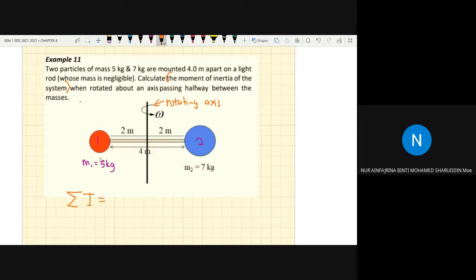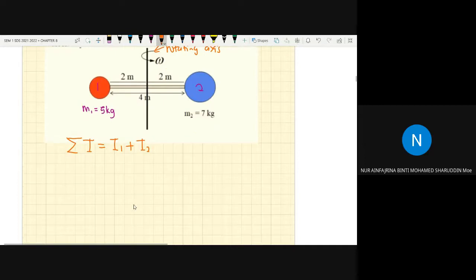So I kena cari moment of inertia of particle 1 tambah juga dengan moment of inertia of particle 2. And we know formula dia adalah MR squared. Okay, cari dulu untuk I1. I1 adalah M1R1 squared. So, mass of particle 1 adalah 5. Distance dia from rotation axis berapa? 2. And then 2 squared.